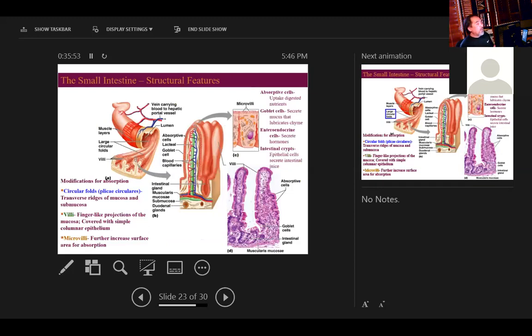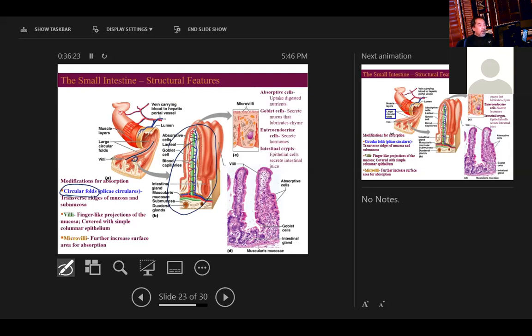Okay, now we're going to go to the small intestine, your jejunum and ileum. And if you notice, the jejunum and ileum, also with the duodenum, have what we call circular folds. So they're circular folds, and each one is a circular fold. So this is a circular fold. Okay, and if you magnify this, this is what you see in a magnified view. So circular folds are what we call plicae circulares.